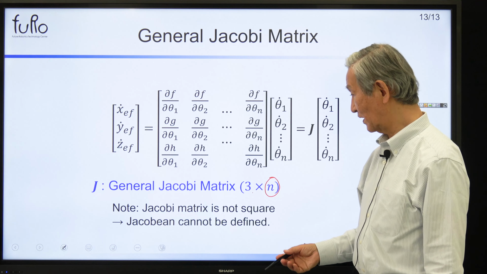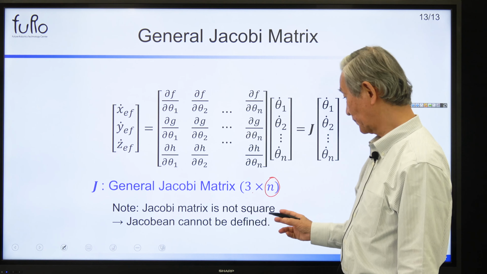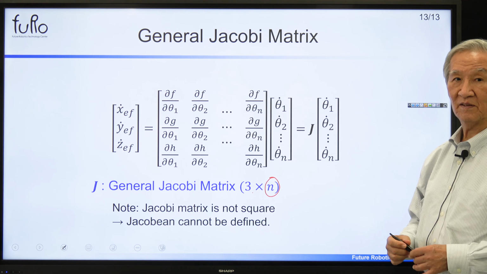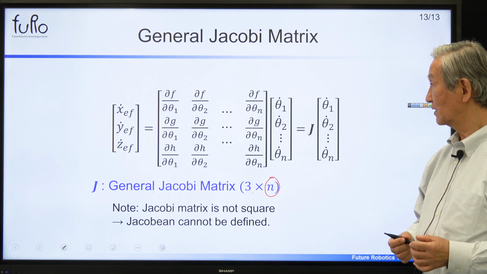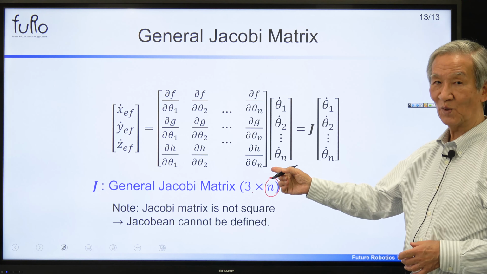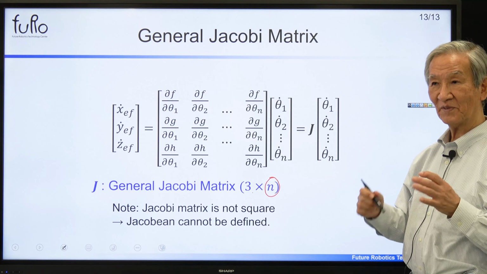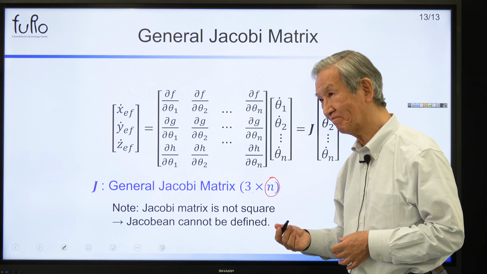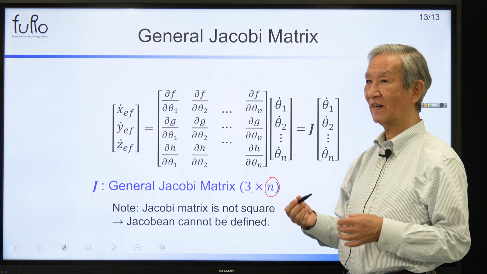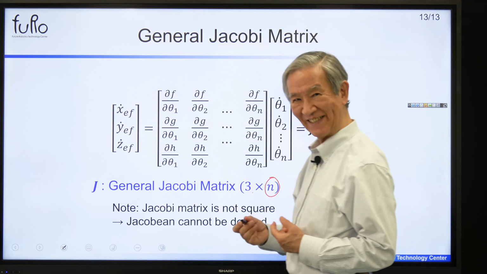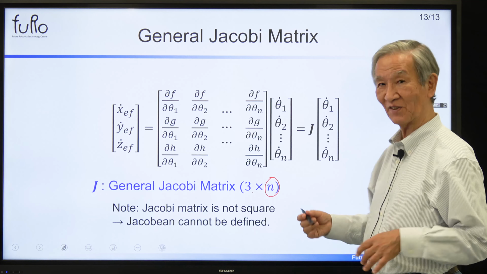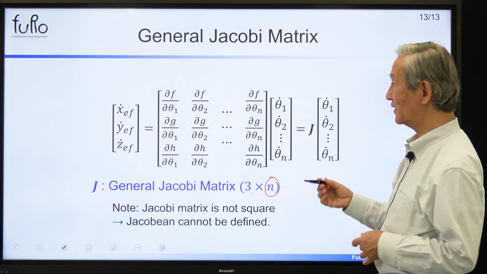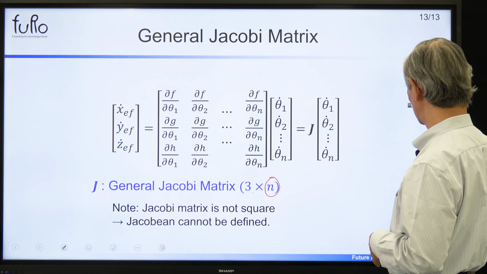But anyway, the Jacobi matrix is not square, so the Jacobian cannot be defined. So the inverse of this matrix, no way. So you have to use a special technique, which I'm not going to go into right now. Probably you will see it next year or something.